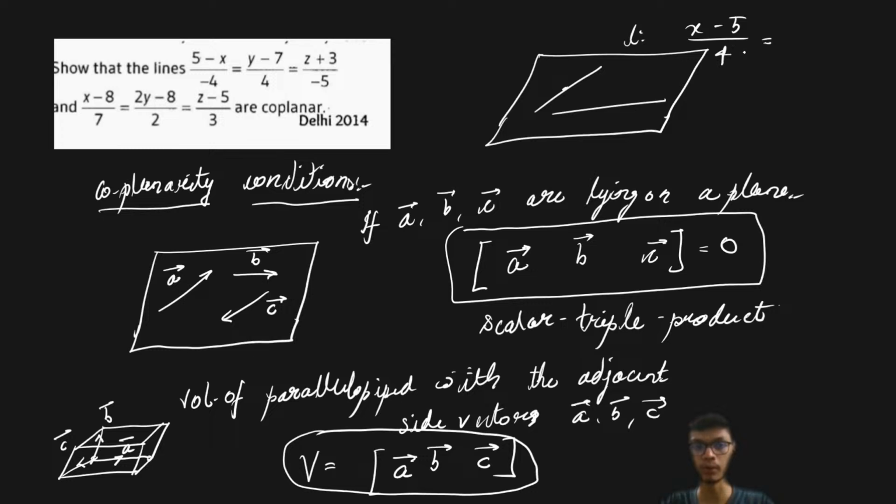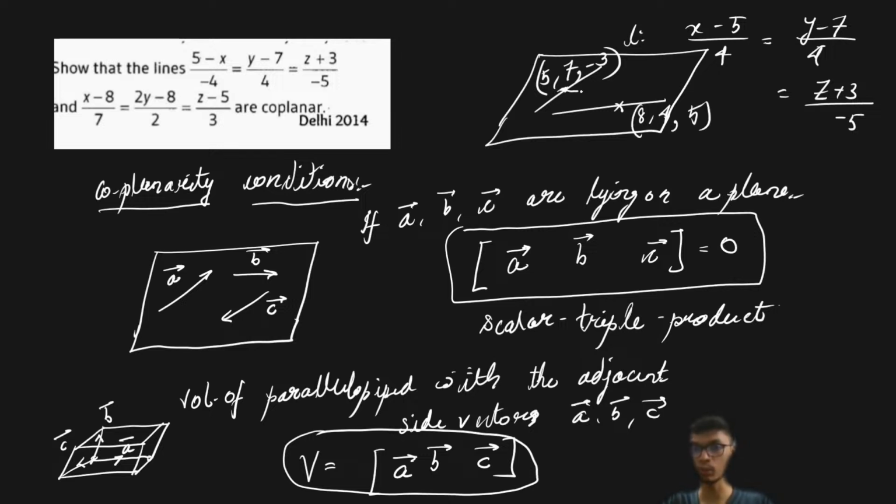From here, a point on this first line is (5, 7, minus 3). Similarly, a point on the second line is (8, 4, 5).